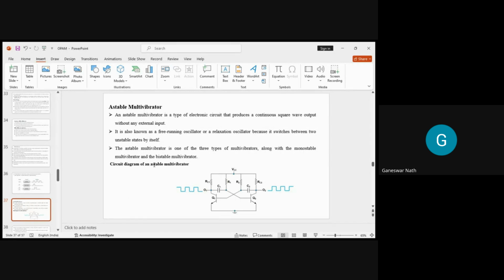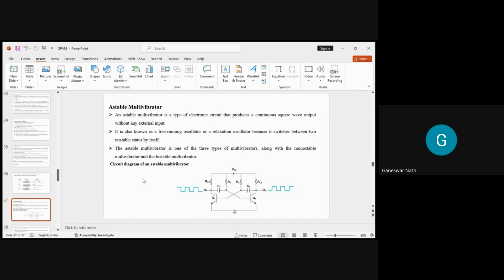An astable multivibrator is a type of electronic circuit that produces a continuous square wave. You can see a square wave output is produced without any external input. It is also known as a free running oscillator, or simply a relaxation oscillator, because it switches between unstable states by itself.